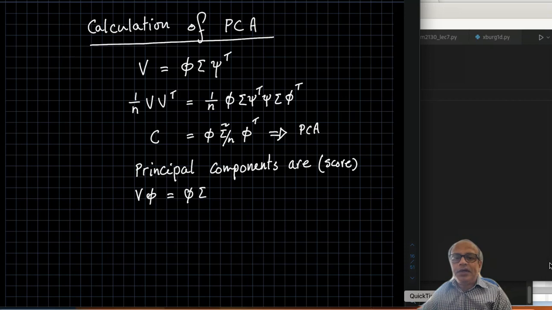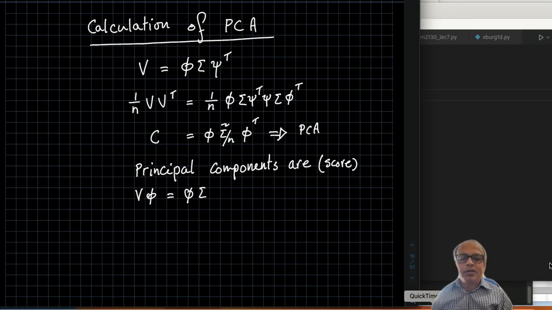And if we now take the eigen decomposition of the covariance matrix C, we will definitely get the eigenvectors as phi, which are the left singular vectors of the matrix. So I can immediately conclude that the principal components of the matrix V are given by phi.